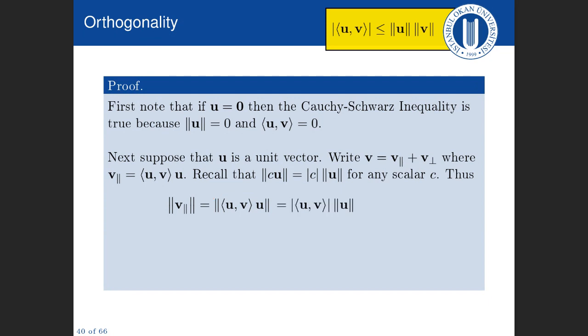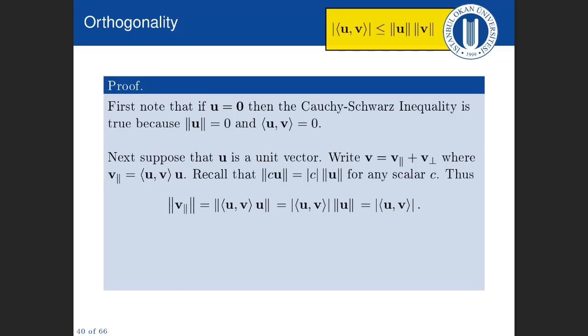So that's equal to the absolute value of the inner product of U and V multiplied by the norm of U. But wait a minute, U is a unit vector, so the norm of U is just 1. So that's just the absolute value of the inner product of U and V.